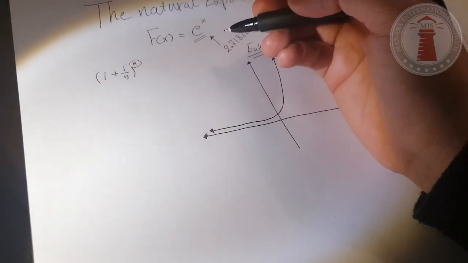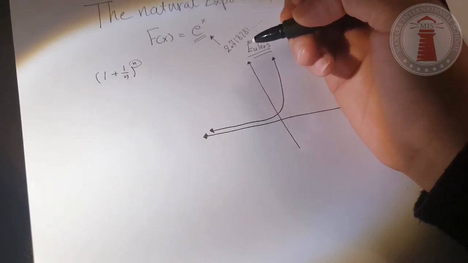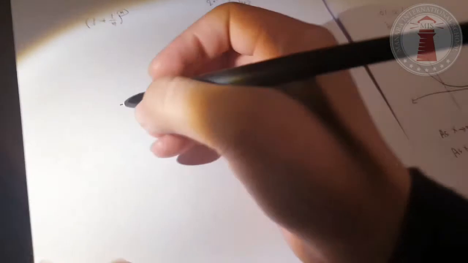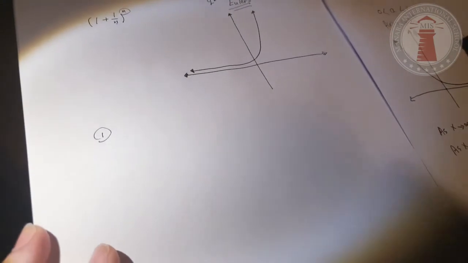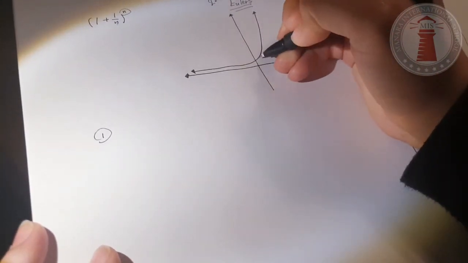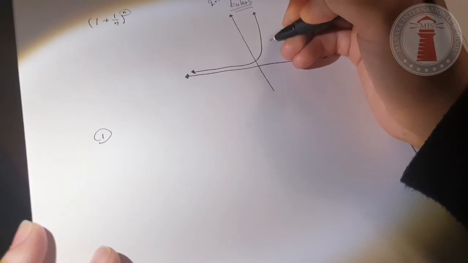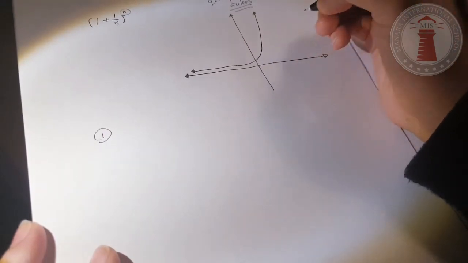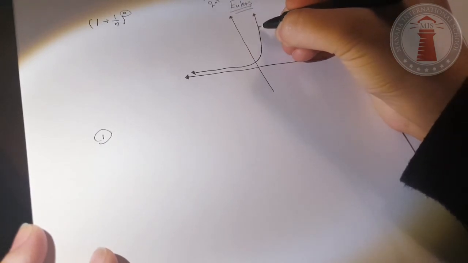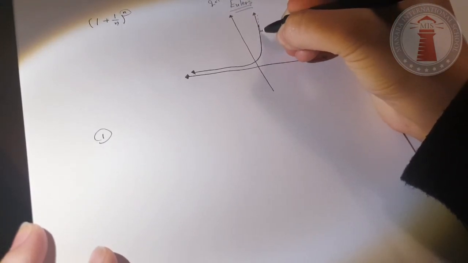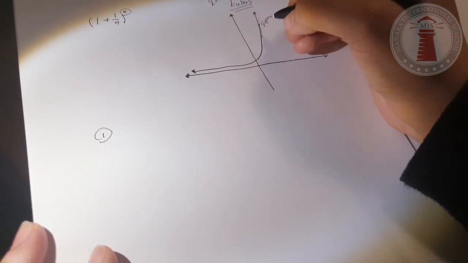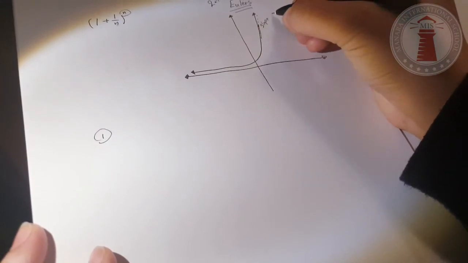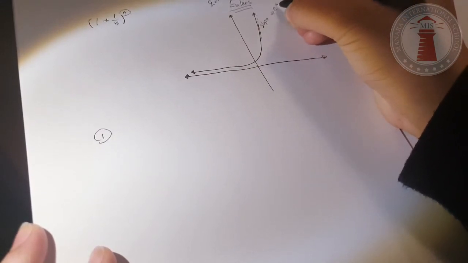So anyway, let's talk about the important properties of this e, or Euler's number. The important properties are, number one, at any point of this function, the slope is equal to the value of e to the x itself. So for example, if we took this point and tried to find the slope at this point, you will get a slope equal to e to the x itself. How?